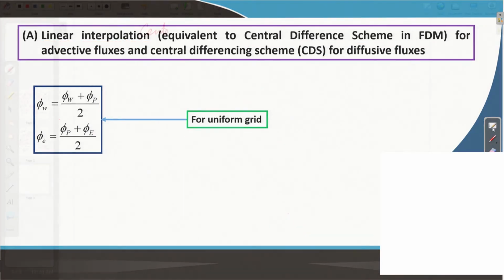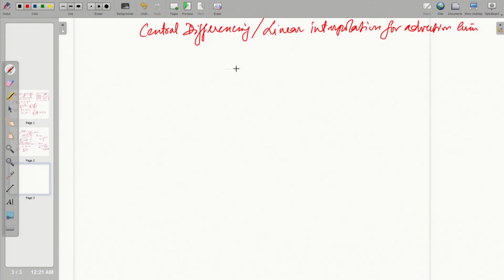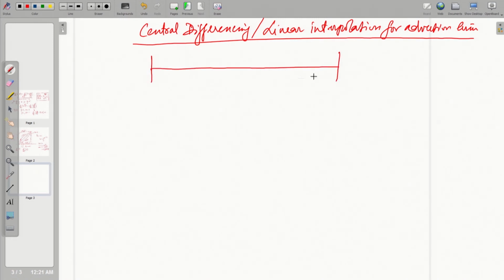Now, let us try to work out central differencing or linear interpolation for advection term. So, we will make a small diagram like this.